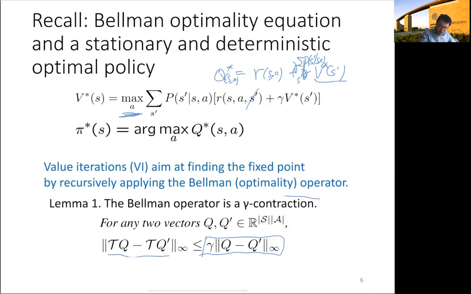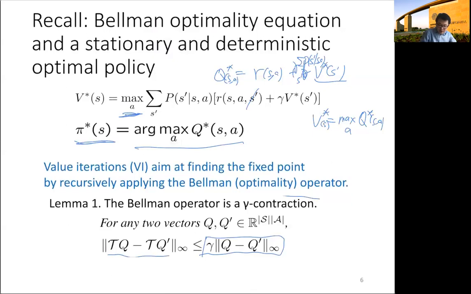And what is V star? V star of s is equal to the max of Q star of s, a over a. So pi star of s, the deterministic and stationary policy that achieves optimality for the Markov decision process, is the argmax of the Q star function. That's the conclusion based on the Bellman optimality equation.